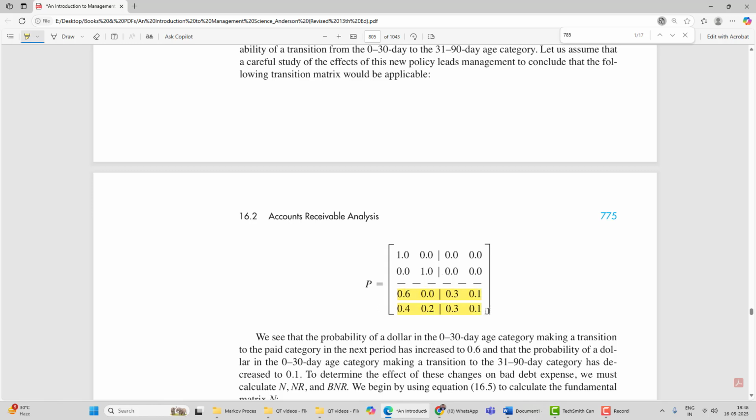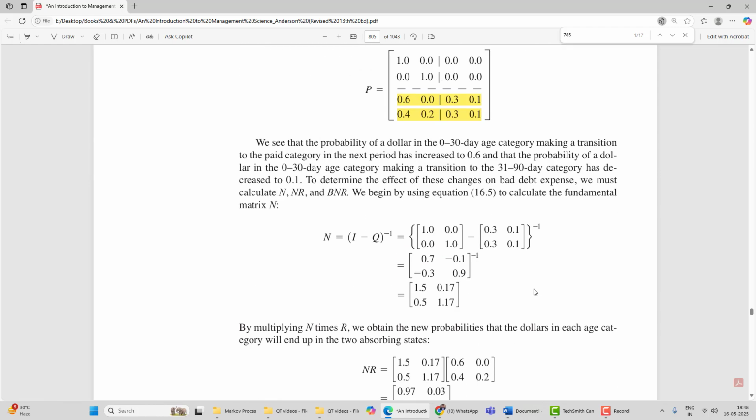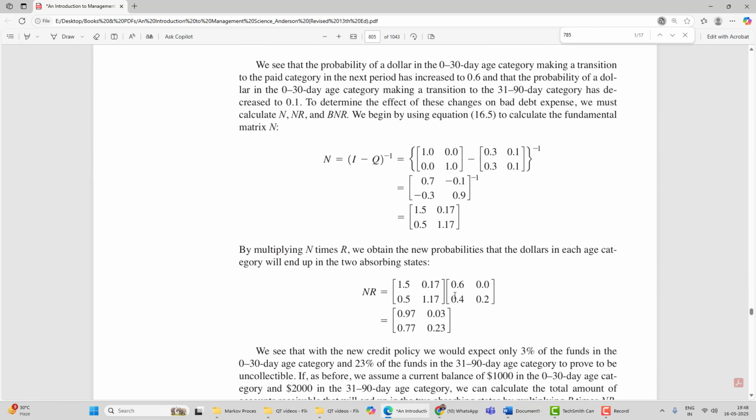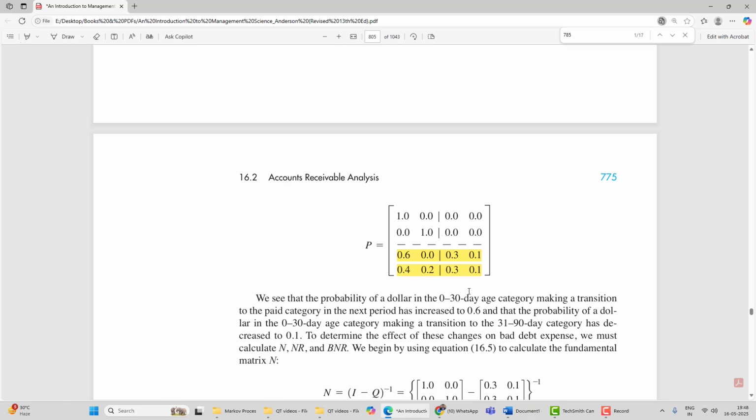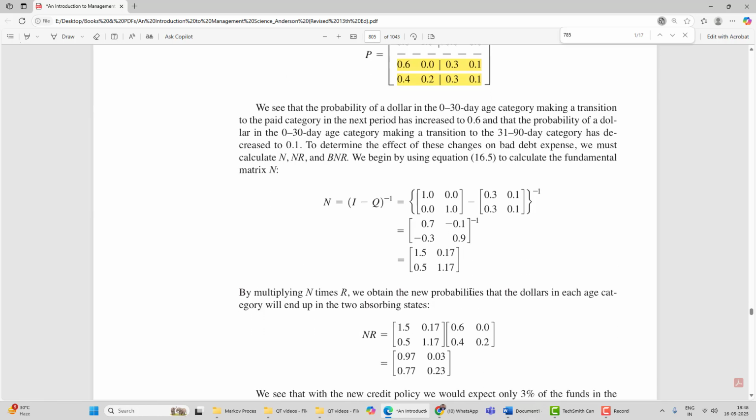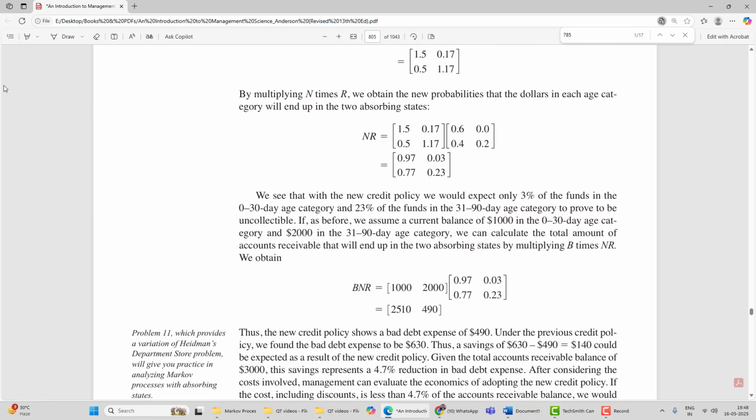So you can see these values have changed, and with this the organization can again find out what the bad debts will be. When you do this again with the new matrix, you follow the same steps and find that it has changed to these new values.